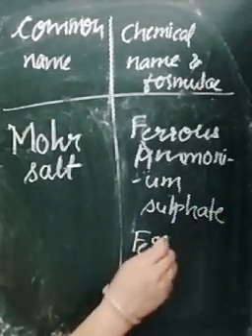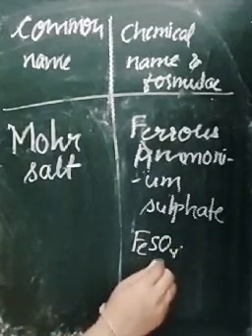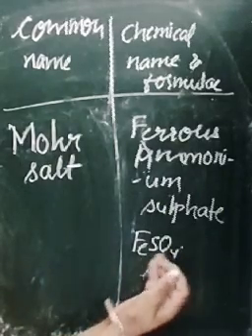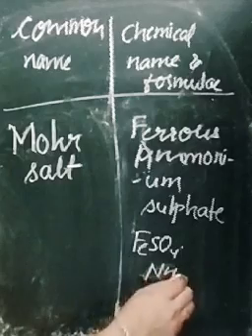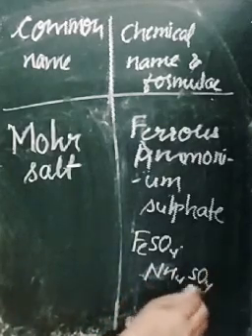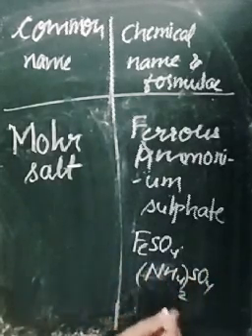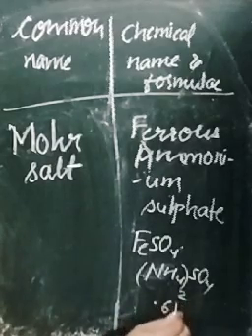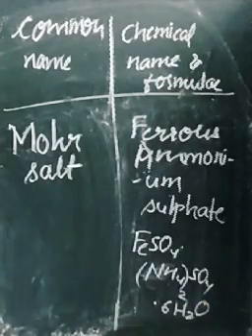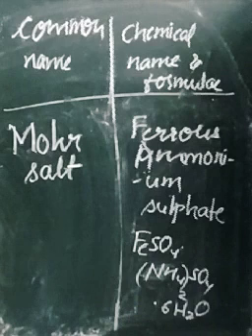FeSO4.(NH4)2SO4.6H2O. This is the chemical formula.